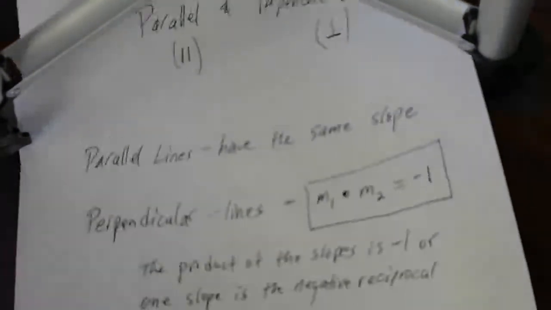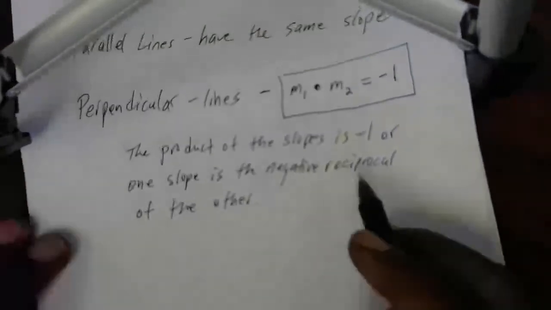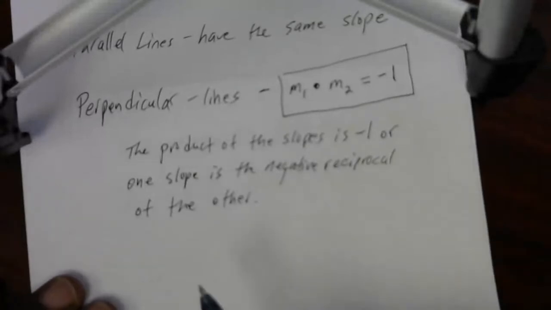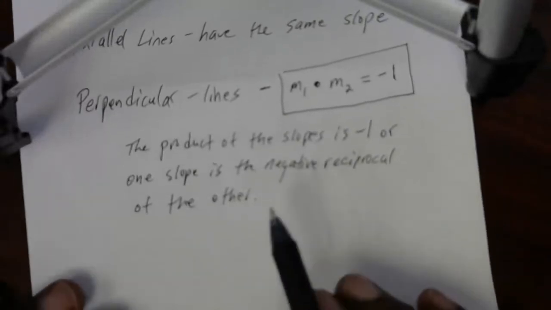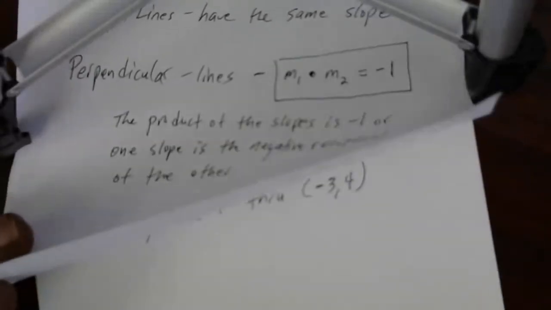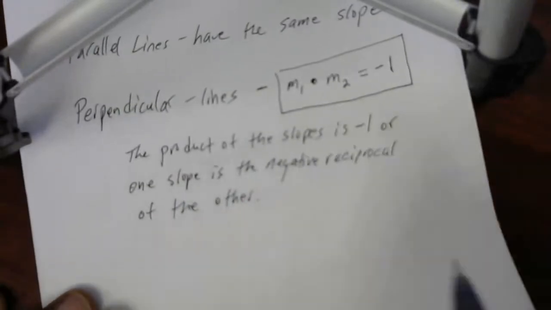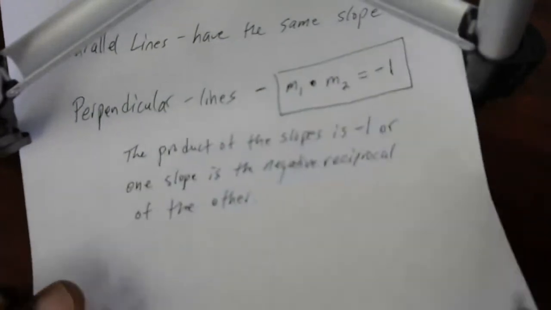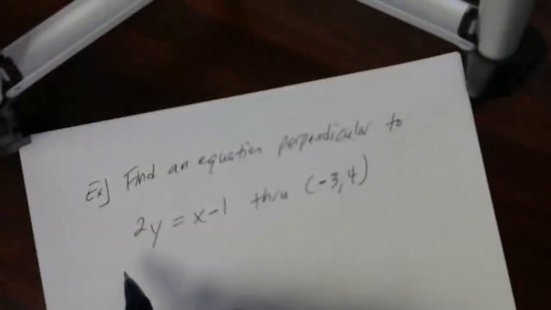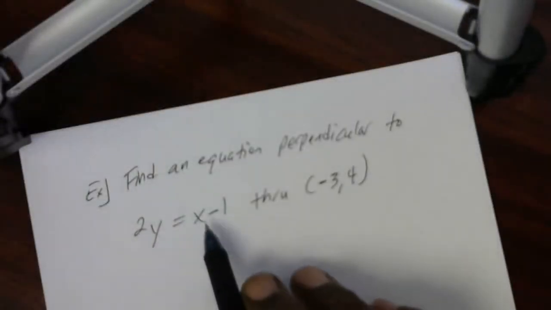All right, and from the notes earlier, it says that the product of the slopes is -1, or that one slope is a negative reciprocal of the other. So I'm going to isolate this equation over here. We have 2y equal to x minus 1.